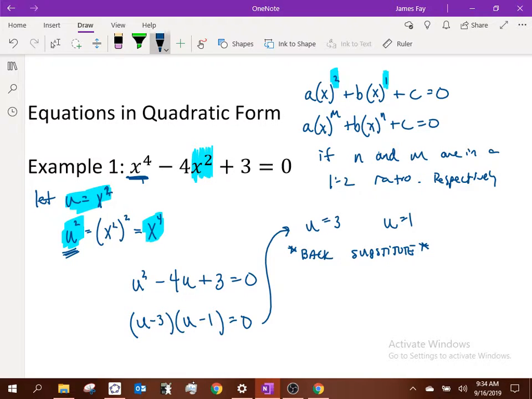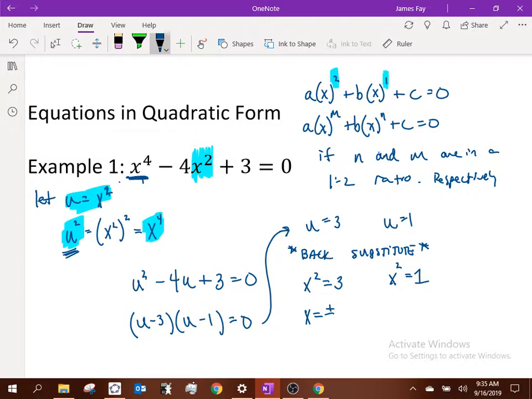So basically it means U was actually x squared. So I've got x squared is really equal to 3, and x squared is really equal to 1. And that should generate very simple equations for you to continue solving. How do I solve for x here? Square root.